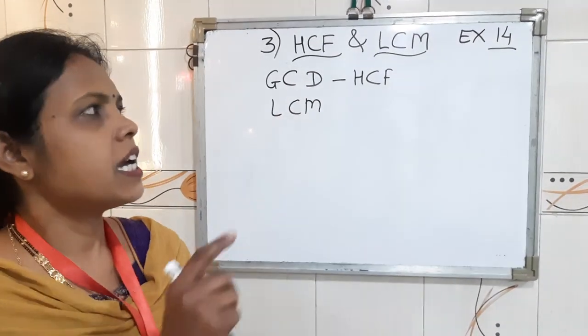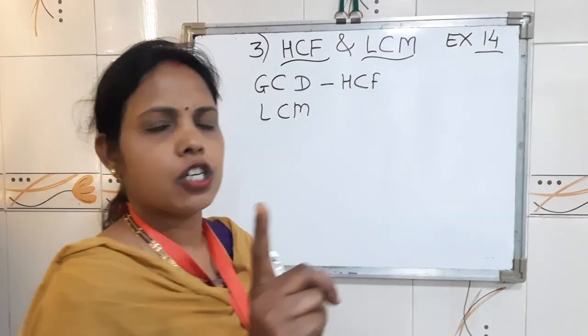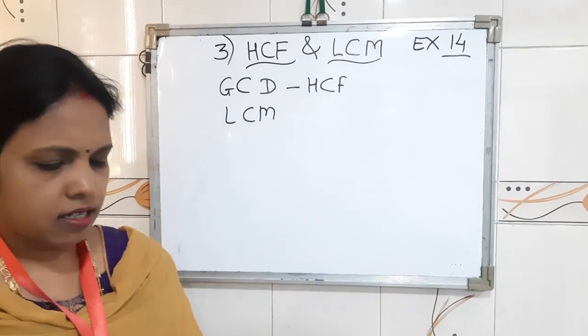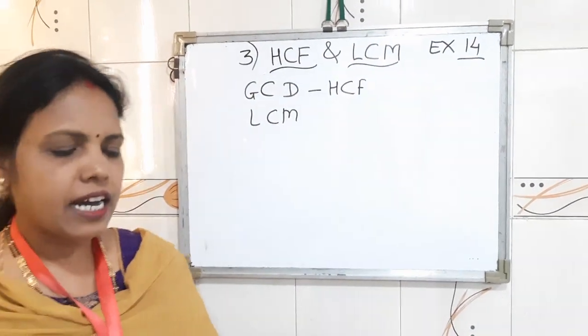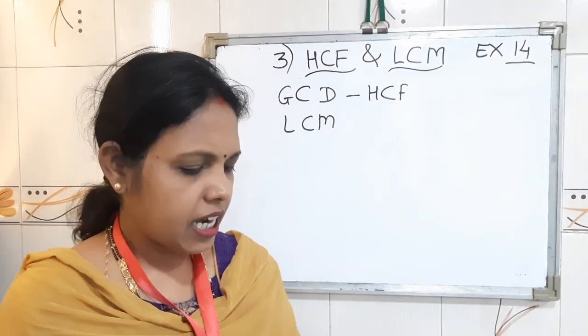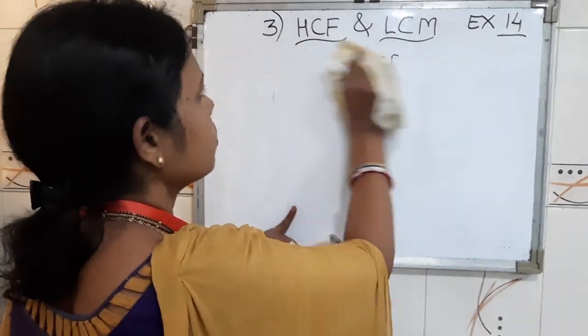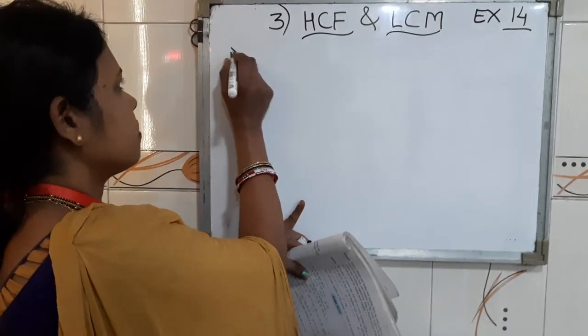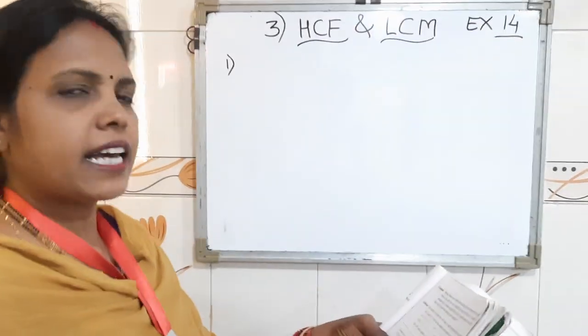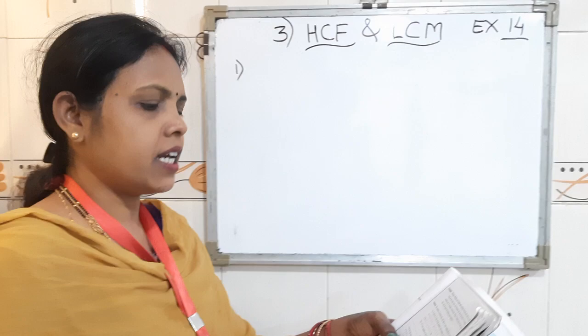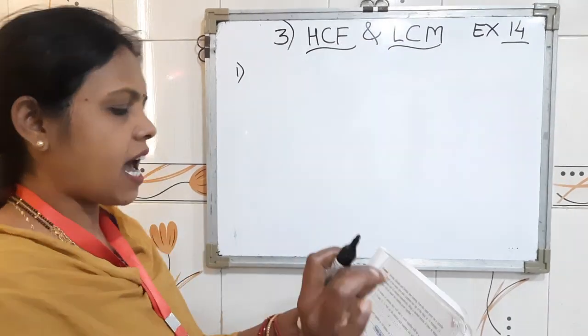So children, in exercise 14, question number one asks: choose the right option. The first question is: the HCF of 120 and 150 is dash.